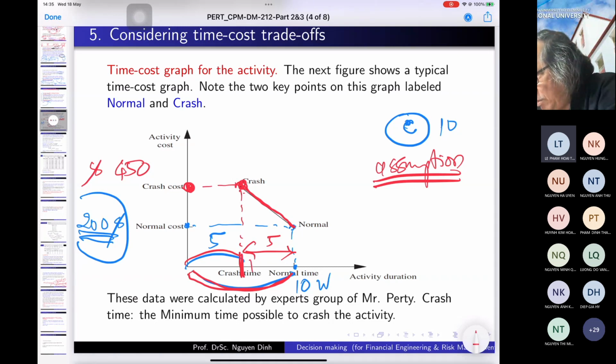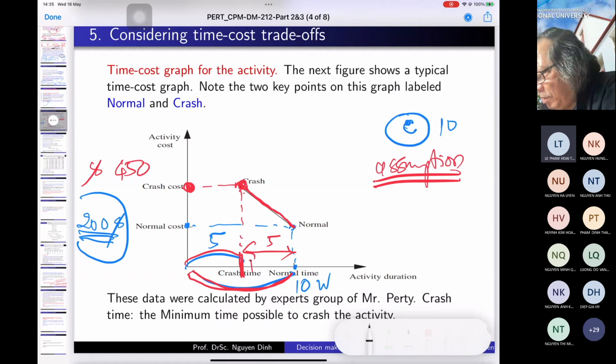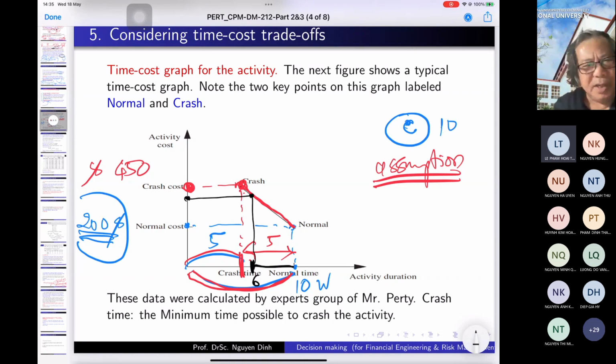If you reduce here to 6 weeks, that means you reduce 4 weeks, then the cost is here. You understand? We assume that the cost here is linear.